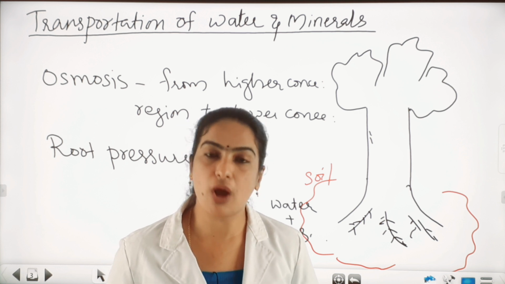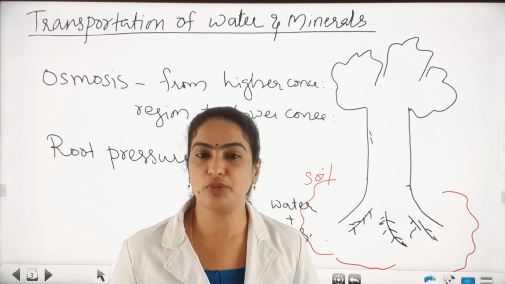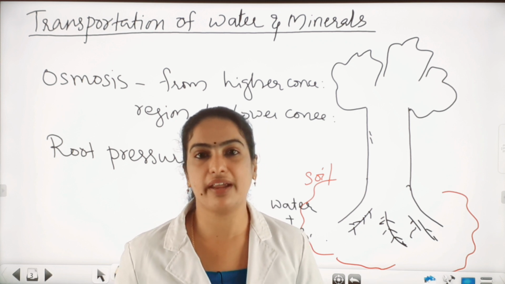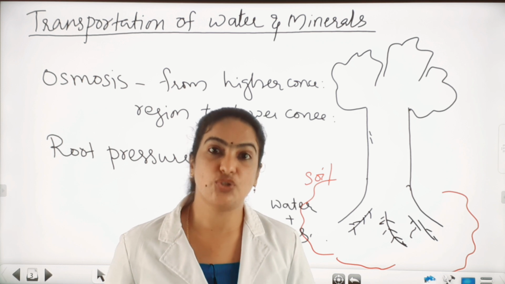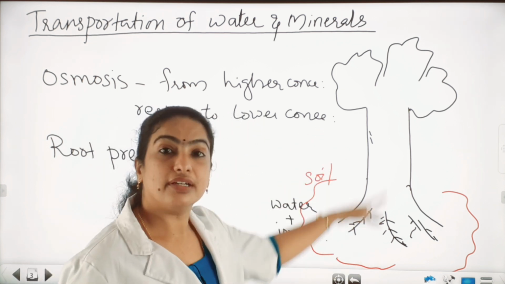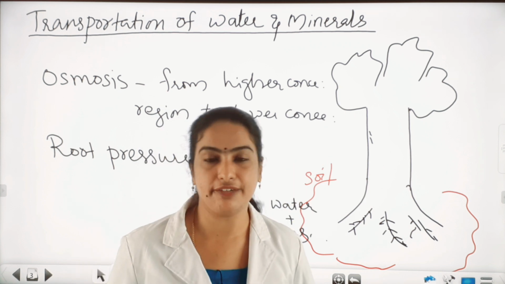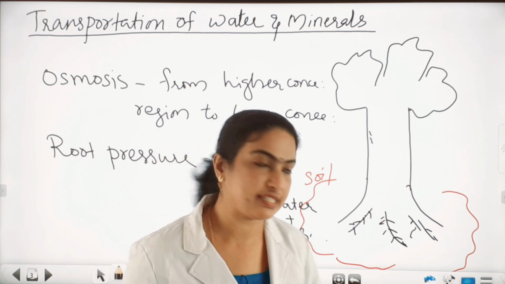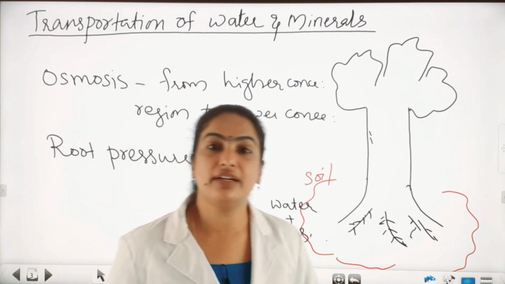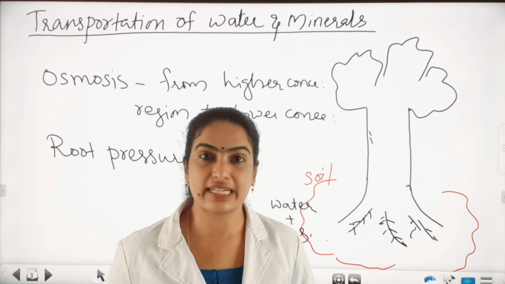In case of taller trees, root pressure is not enough to conduct water to all the taller areas of the tree. So how in trees does the water reach up to the leaves? How is it possible? Let's see. In the lower classes you learned about transpiration. What is transpiration?